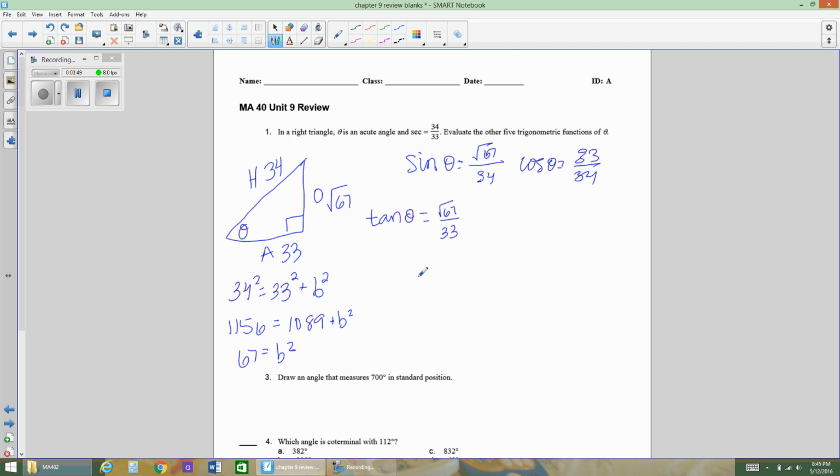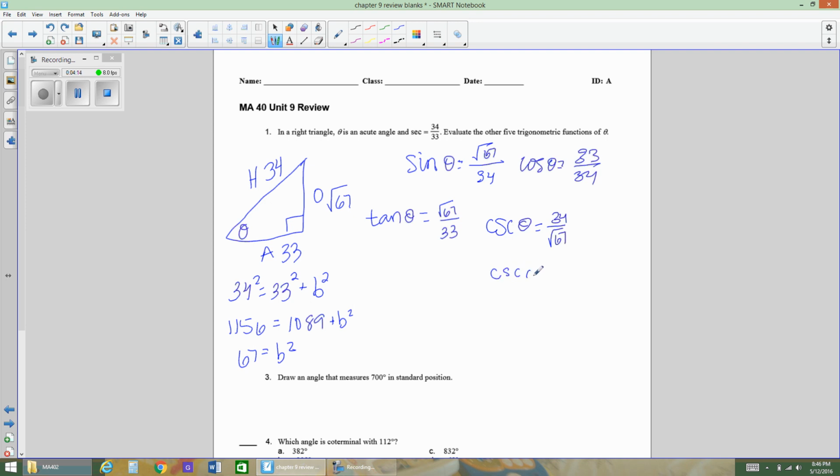Now, what are we missing? We're missing the ones we don't want to find, because when I take the reciprocal of the sine function to get cosecant of theta, I get 34 over square root of 67. So I have to rationalize that denominator.